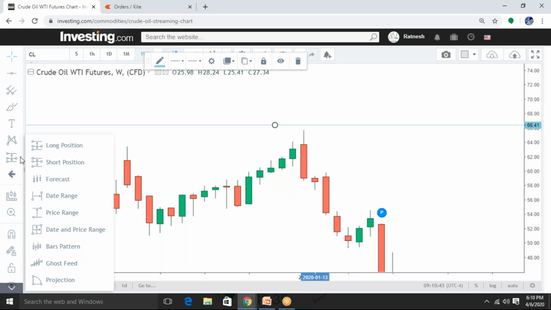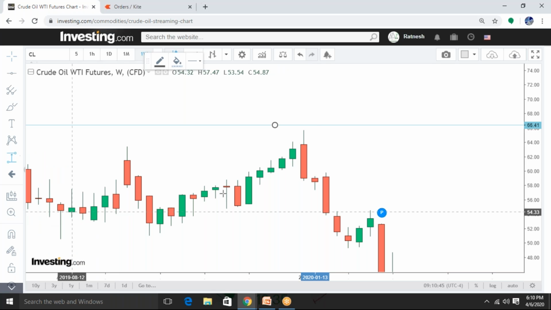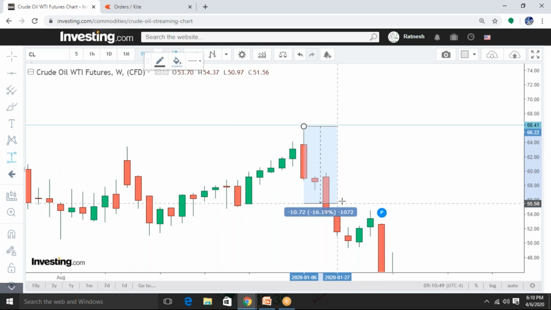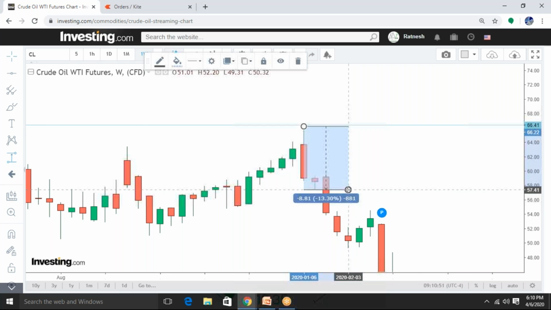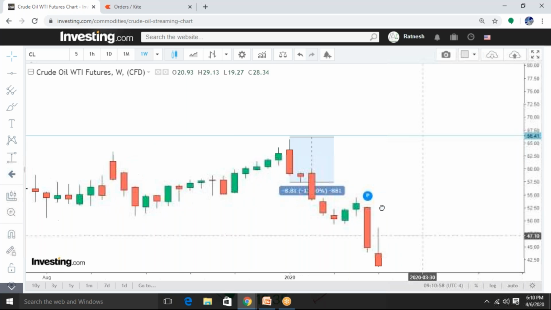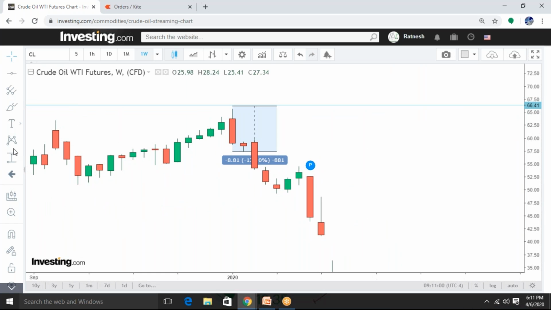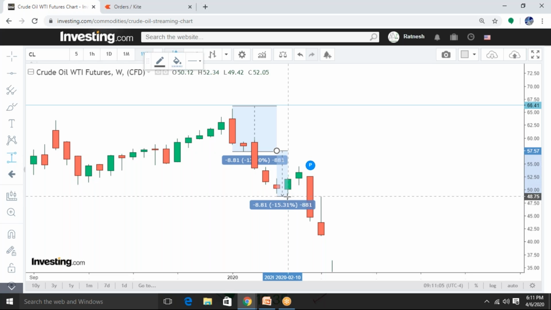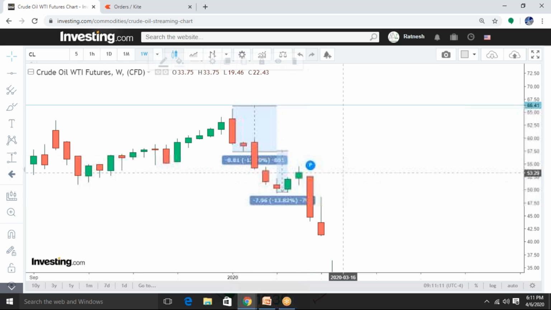Our risk was here, almost 13%, so our target will be almost 13%. Almost 13% is calculated, which means target one is here.